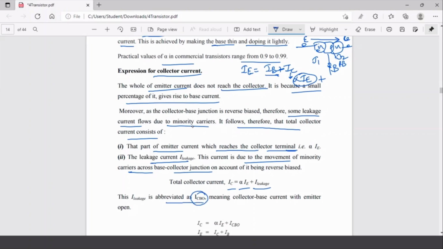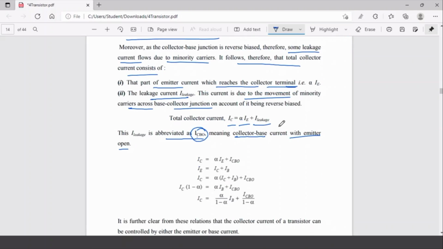What is this ICBO? It is the collector to base current with the emitter being open circuit. We call that current ICBO. So IC is written as alpha IE plus ICBO.